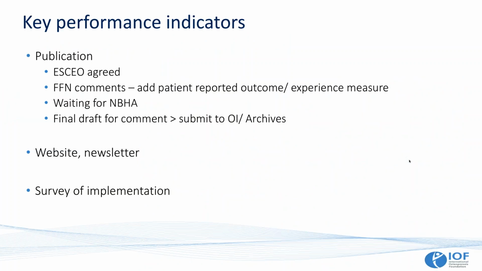There's an update where these are draft indicators. We're hoping to get them agreed, and we're waiting for comments from the National Bone Health Alliance in the USA. We've got comments back from the Fragility Fracture Network, and then this will be submitted for publication. It'll also be the final draft we put up on our website and newsletter, and we'll do a survey of its implementation once it's done.